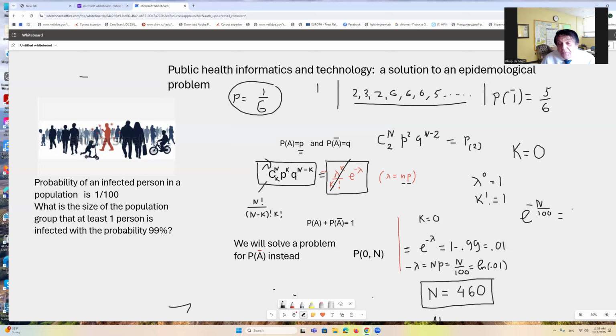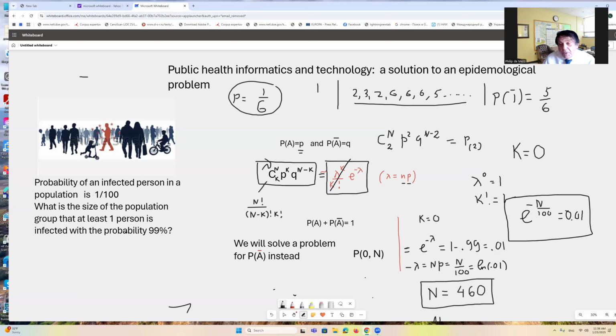So instead of calculating all these situations with different probabilities and very large n, we reduced this problem into a very simple thing. It is e to the minus n over 100 equals 1%, and what is 1%? It is 0.01.